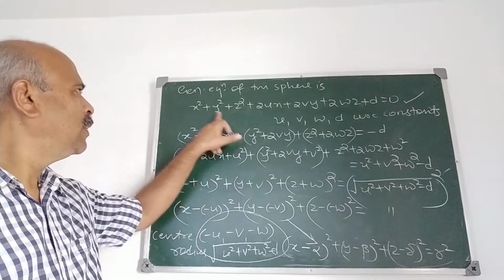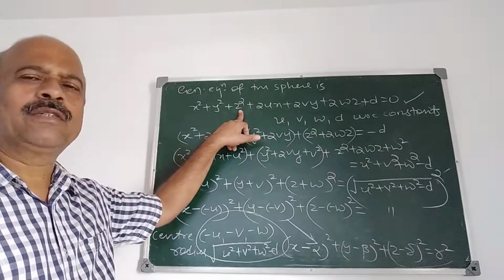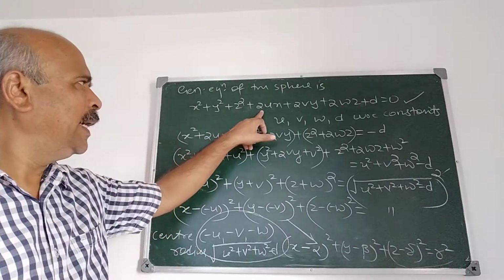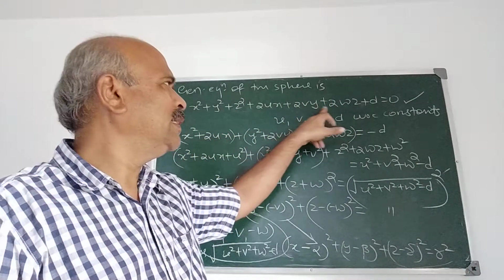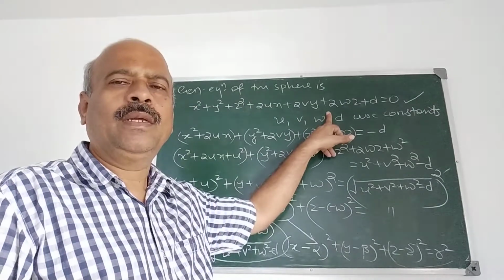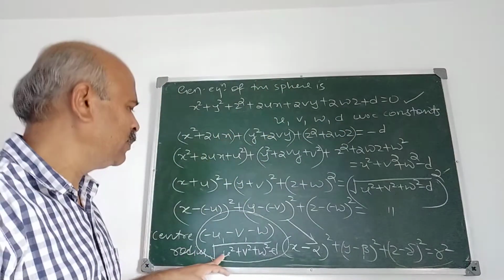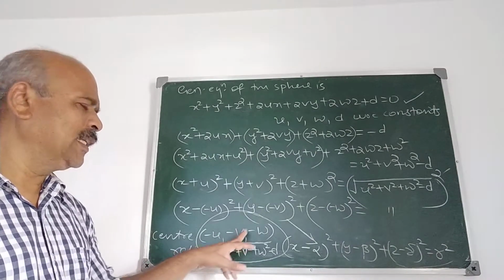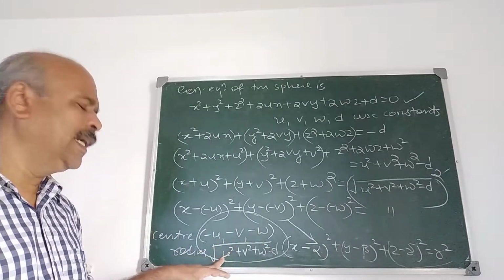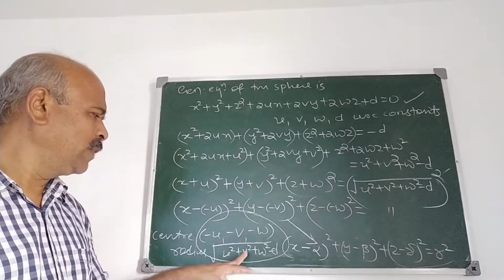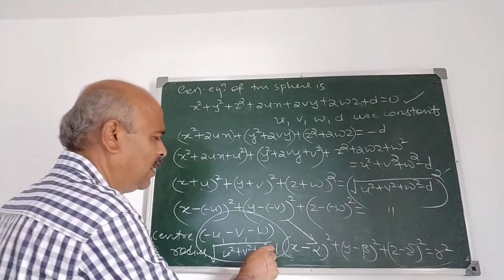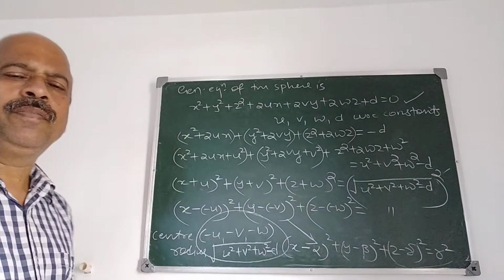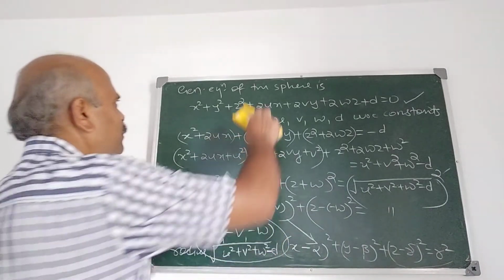Study the equation: the coefficient of x², y², z² each is 1, and there is no xy, yz, zx term. That equation always represents a sphere. The center of that sphere is (-u, -v, -w), and the radius is the square root of u² + v² + w² - d.